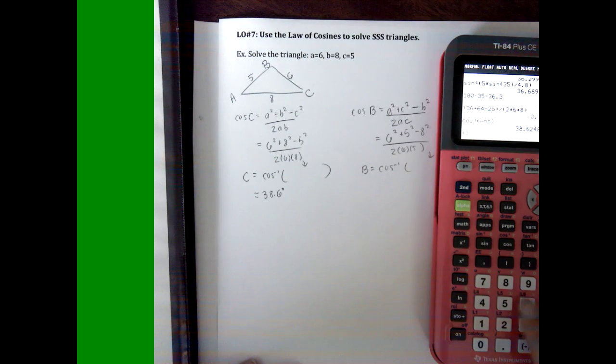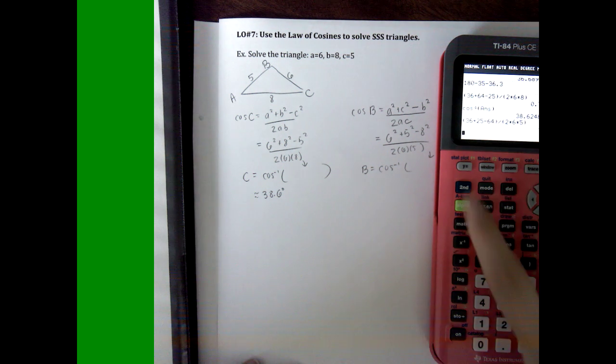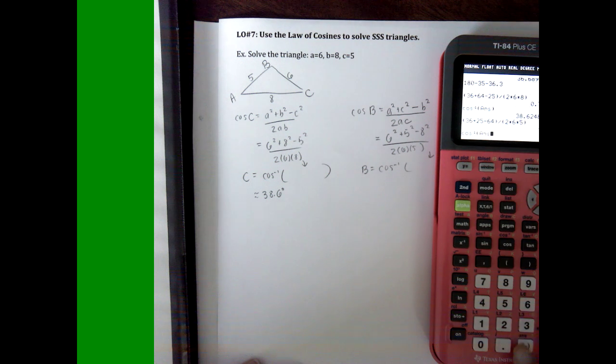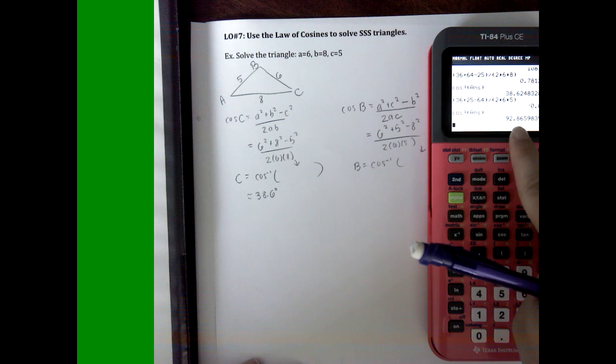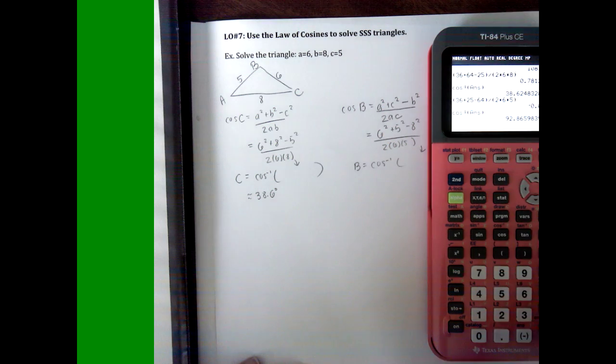So here I have 36 plus 25 minus 64 divided by 2 times 6 times, oh god, see, I forgot the parentheses. That will give you the wrong answer. 2 times 6 times 5. I'm getting negative 0.05, and now I need to do inverse cosine of that answer, and I'm getting 92.86, which I'm going to round to 92.9.